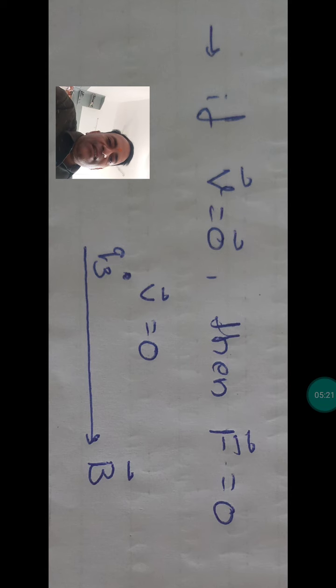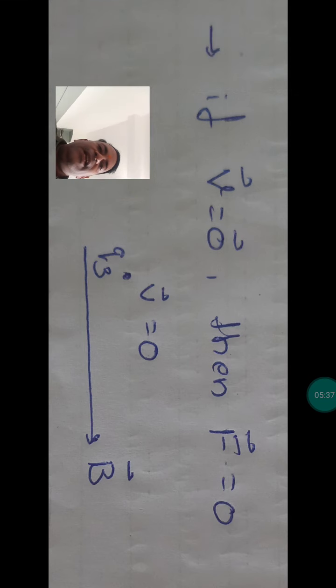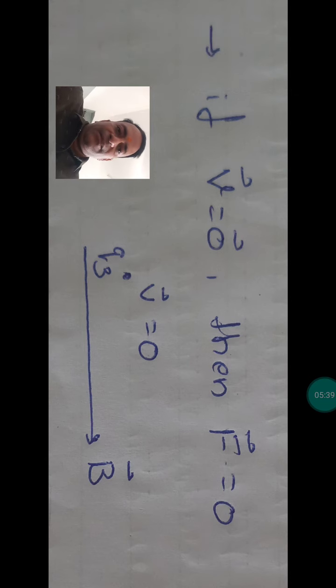Now, if velocity becomes 0, what happens to the force? The force also becomes 0. What does this mean? This means that if a charged particle is at rest inside a magnetic field, there is no force acting on that charged particle.